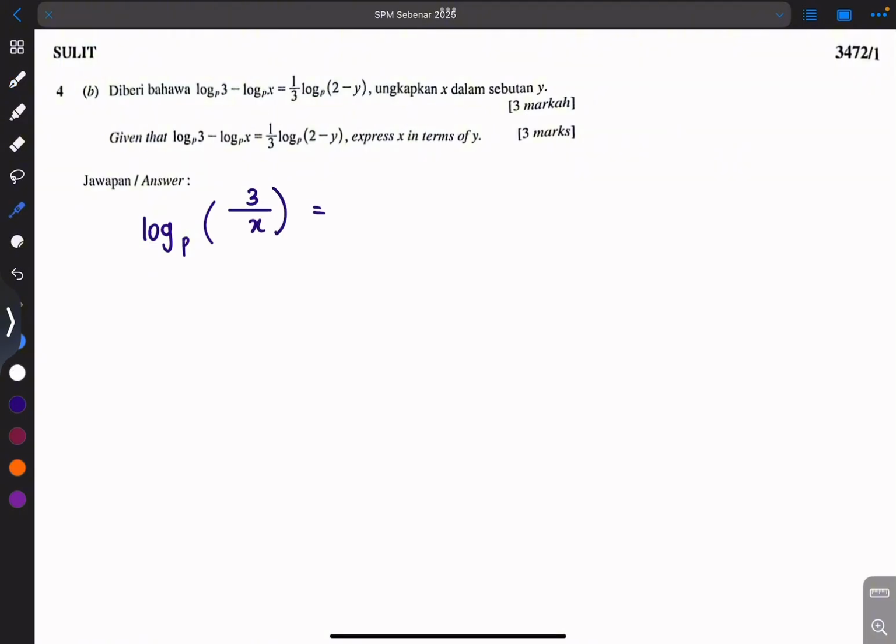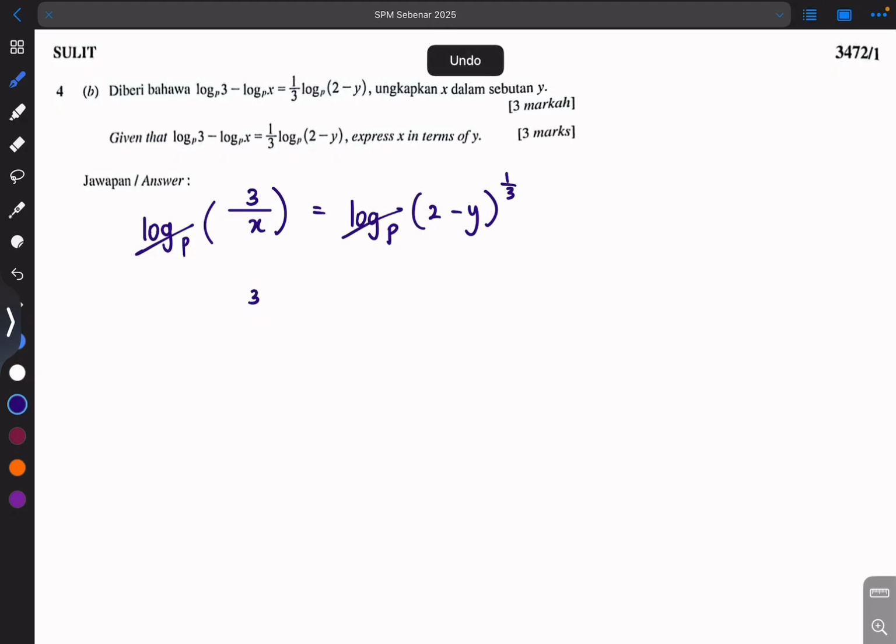And then this 1 over 3 we can bring up here. So it will become log_p (2 minus y) to the power 1 over 3. Since both sides also got log p, we can just compare the numbers here. 3 over x is (2 minus y) to the power 1 over 3.